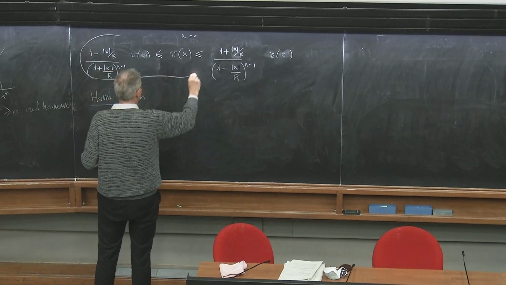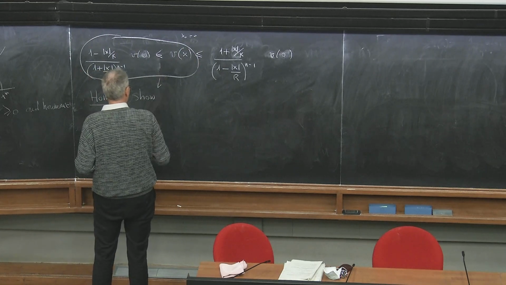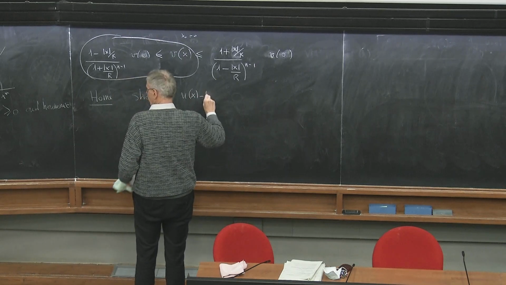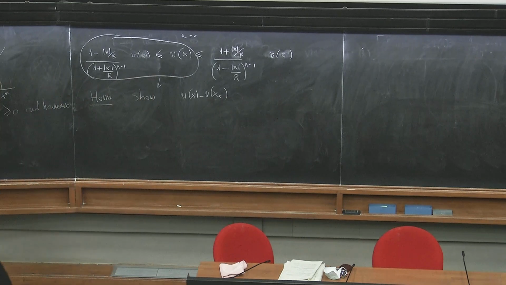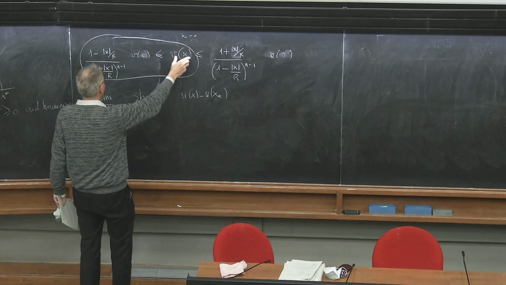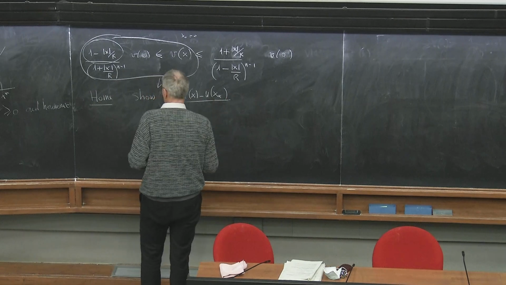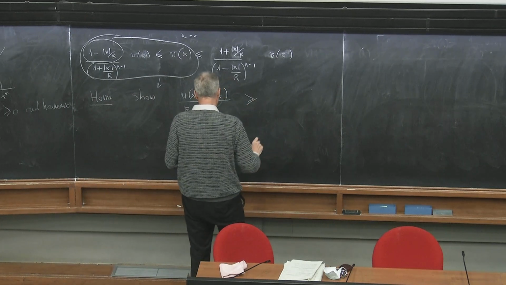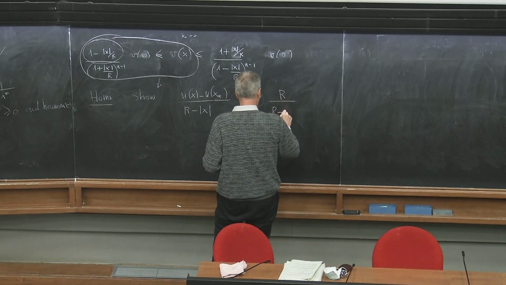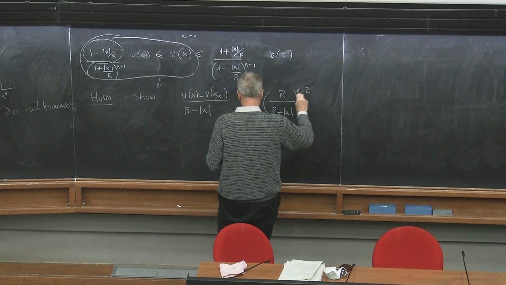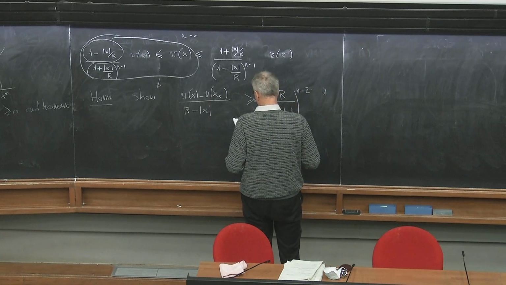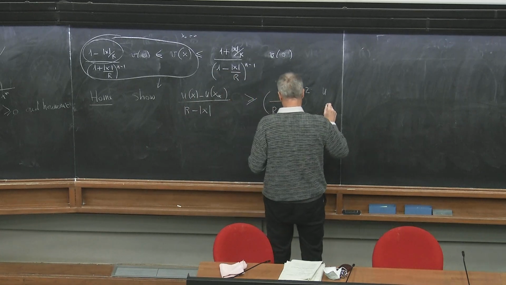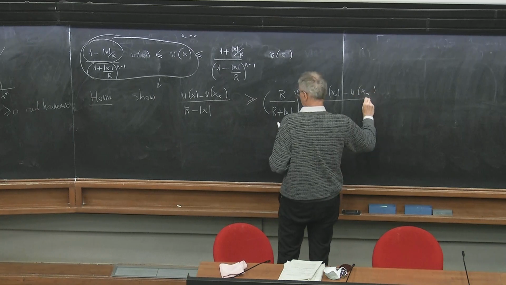Using this, show that V of x, that was U of x minus U of x star, divided by R minus |x|, turns out to be larger or equal than U of x0 minus U of x star divided by R. Check this inequality; it's easy, just a plain application of the Harnack inequality.